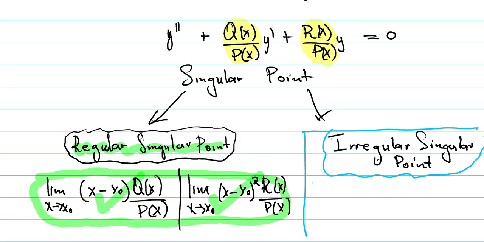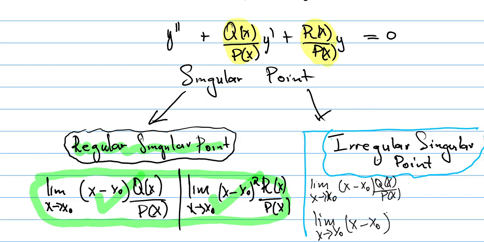The limit as x approaches x naught of x minus x naught times q over p of x, then the limit with the squared term, r of x over p of x. We have the same limits, but the results can differ.